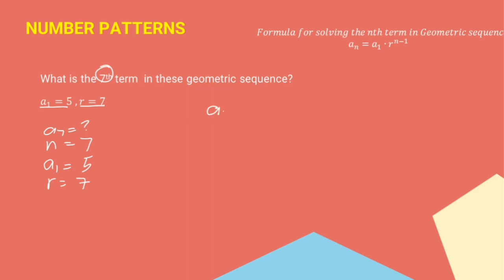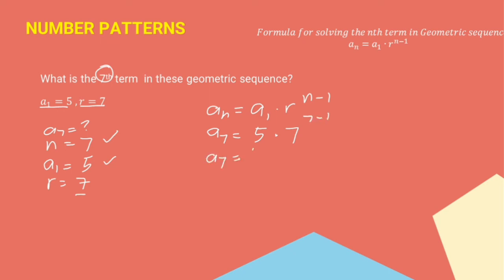So, let's begin now to solve the value of a sub n, or a sub 7. So, a sub 1 times r raised to n minus 1. So, a sub n, ang hinahanap naman, is yung pang-pitong term, and then a sub 1, which is 5, times the value of r, which is 7, raised to the value of n, which is also 7, minus 1.